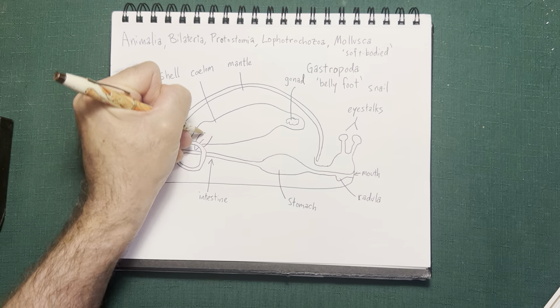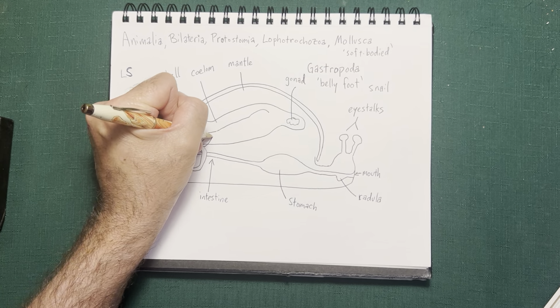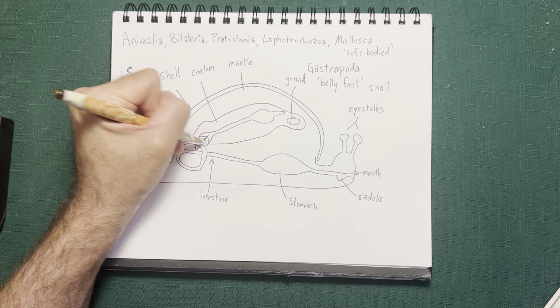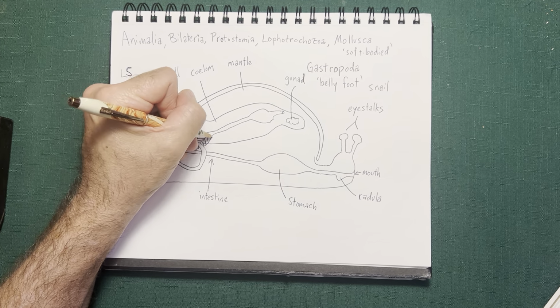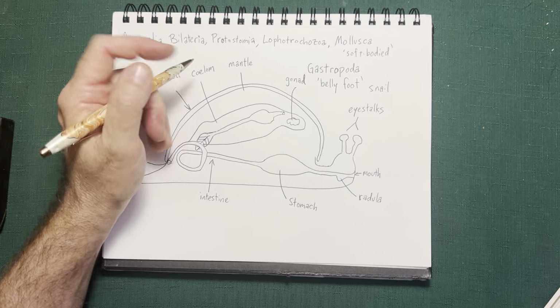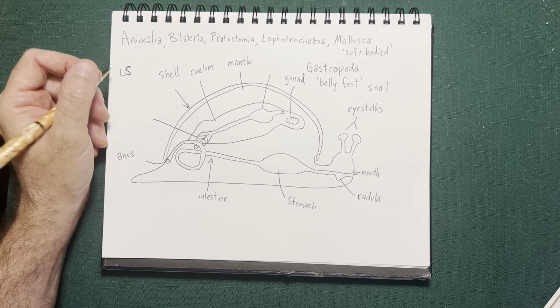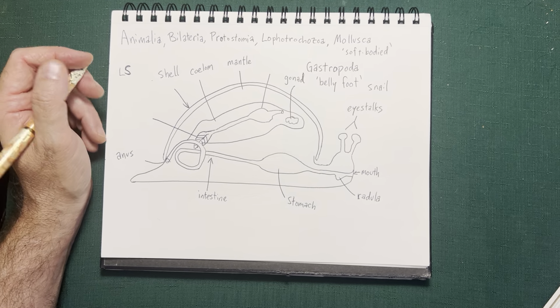Okay, we're also going to draw in, kind of tucked in behind the intestine here, kind of like a leaf shape. It's not a leaf, but it is connected to a circulatory system, which, unlike the circulatory system that we saw in the annelid, is an open circulatory system.